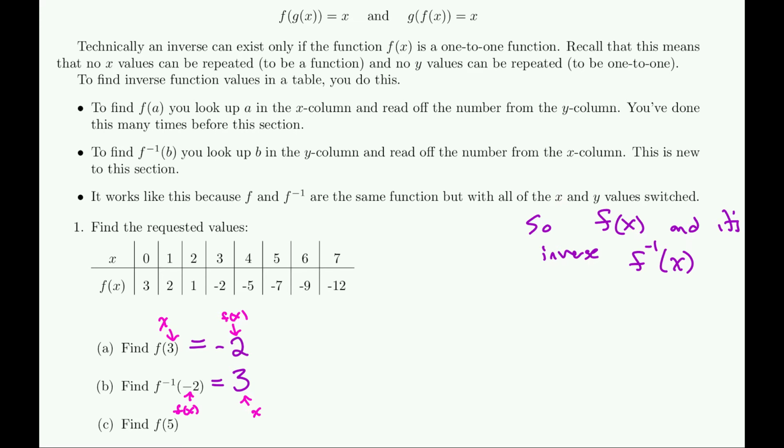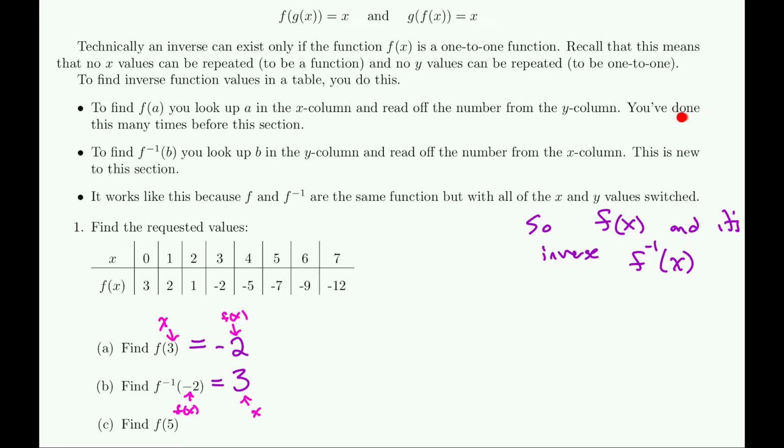All right, so just to summarize, we'll look at these bullet points. If you wanted to find f of a, like f of 3, you look up a in the x column. So for f of 3, you look up 3 in the x column, and then read off the number from the y column. So you go to here, and then you go down to the -2.